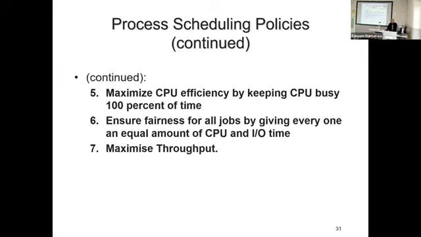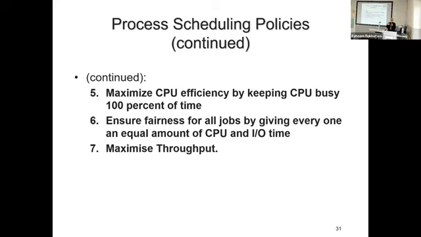We want to maximize CPU utilization. We want the CPU to be utilized most of the time running. We don't want it sitting idle. And if you do a lot of context switching, while a process is being taken away from the CPU and the CPU is being prepared for the next process, that's what we call context switching, that takes a certain length of time.